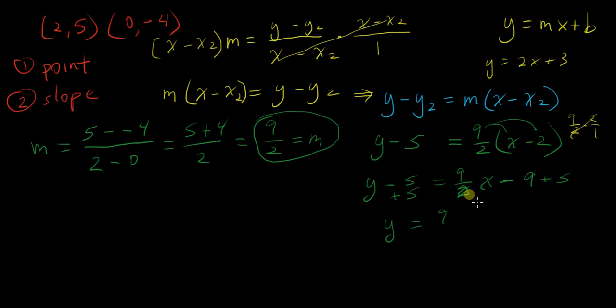Oh, that's supposed to be a 2 there. 5 minus 9 is negative 4. And we're done. This is the equation of the line that runs through these 2 points. If we had used the 0, negative 4 point over here, if I had plugged that in here and here, we'd still have the same exact thing.